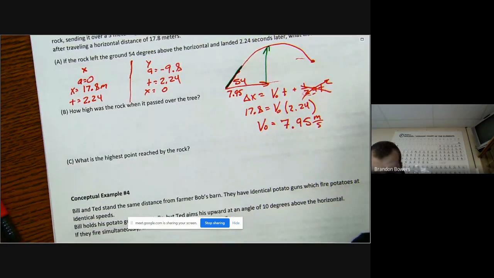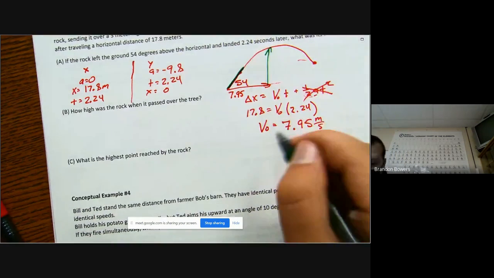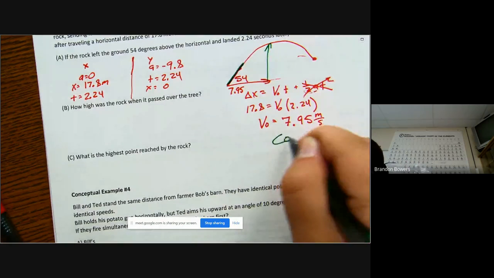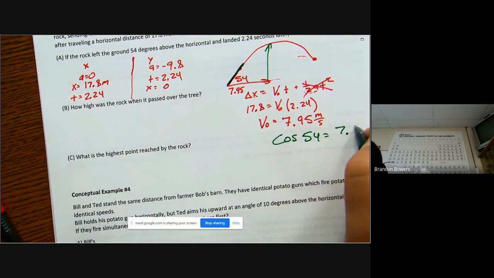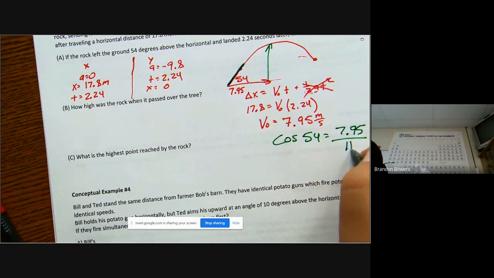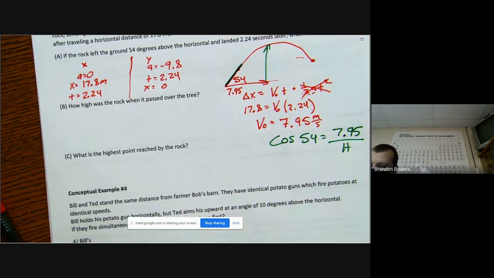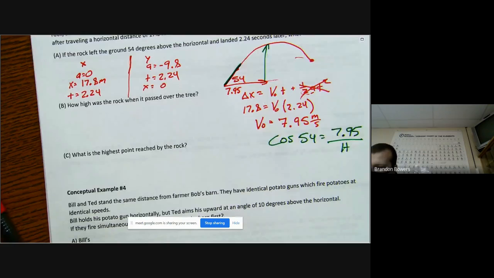So the cosine of 54 is equal to the adjacent over the hypotenuse. Correct? Okay. And then when you solve for h, you're going to have 7.95 divided by the cosine of 54. I got 13.5, with sig figs 13.